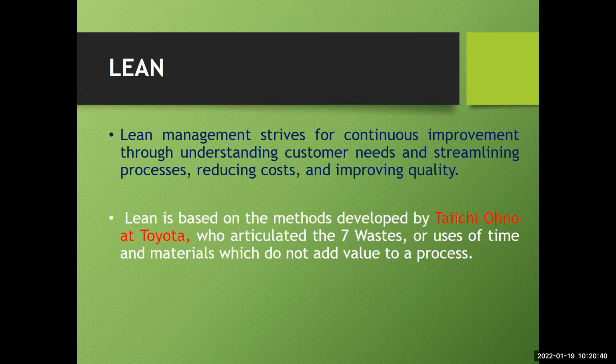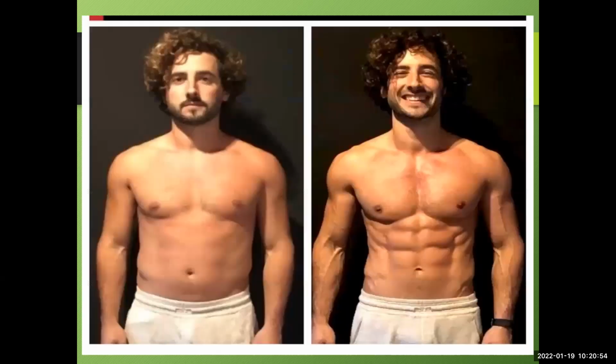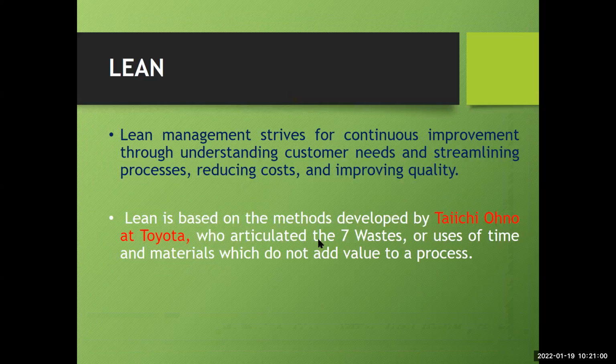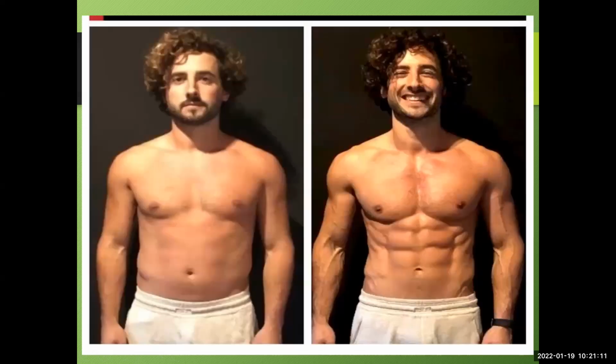If somebody asks you after this lecture what lean is, in a single line: lean means removal of the 7 wastes that were articulated, from your system. If we remove the waste from the system, we become lean, more agile.